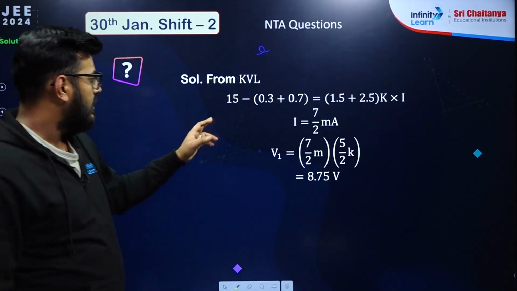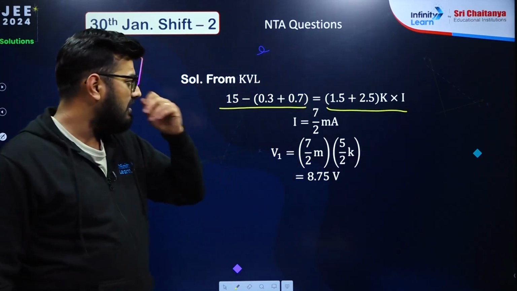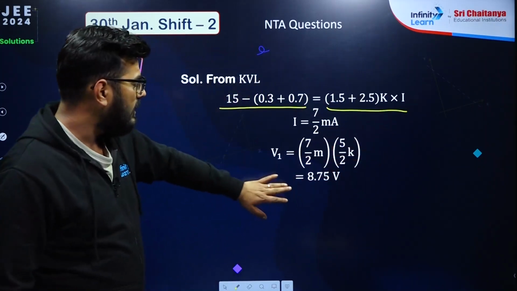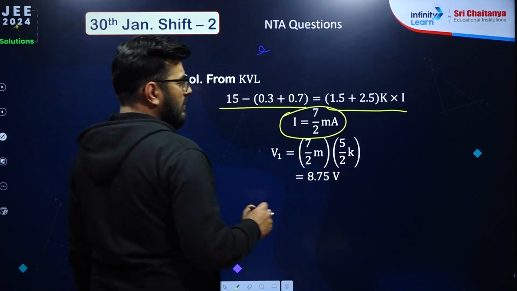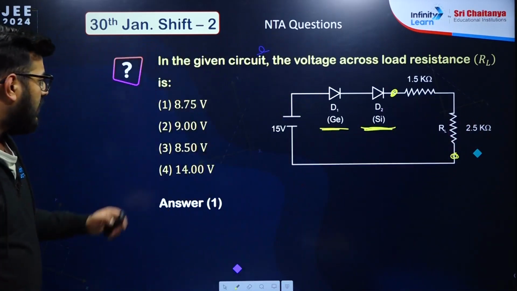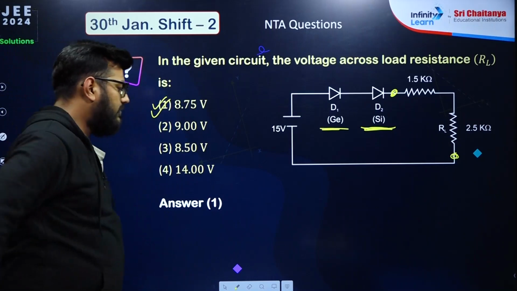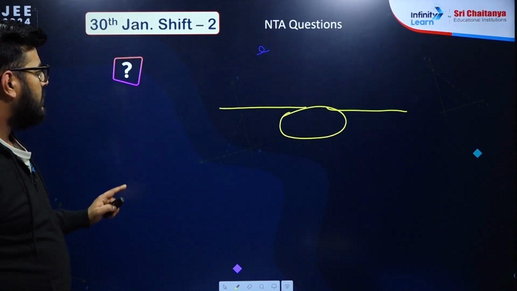The formulation is 15 minus 0.3 plus 0.7 equals this much, which is 2 kilo-ohm into I. So finally, the current you get is 7 by 2 milliampere. If the current is known, we can calculate the potential difference across the load: 7 by 2 into 2.5, and the answer will be 8.75 volt. Simple approach. This is a question based on semiconductors.